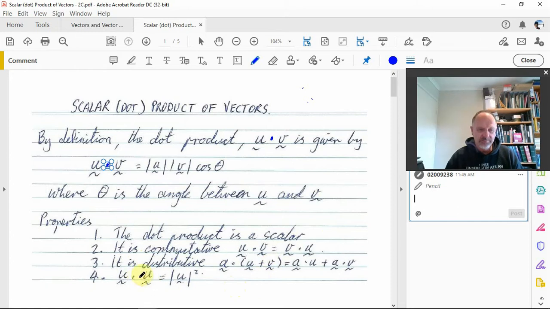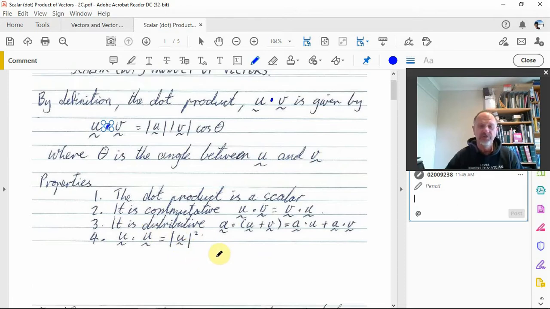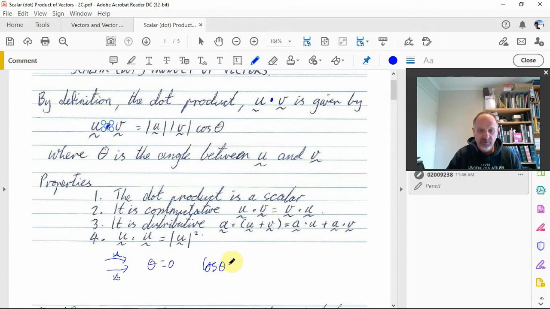And u dot u is just the magnitude of u squared, because if u and u are in the same direction, for example, there's u and there's u, then the angle between those two is 0, and the cos of 0 is equal to 1.